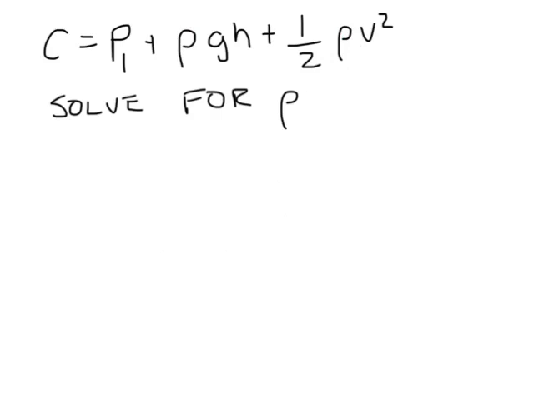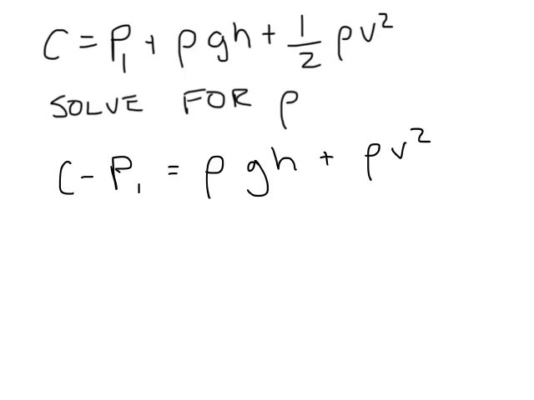So we're going to follow the reverse order of operations, and the first thing that we're going to do is subtract P1 from both sides. I'm just going to write that in that form instead of having the half rho v squared over 2. And now what makes this really easy to solve is if you notice that the variable that I want is rho, and it's multiplied by both of these terms, and it's to the same power, so I can just factor out rho.